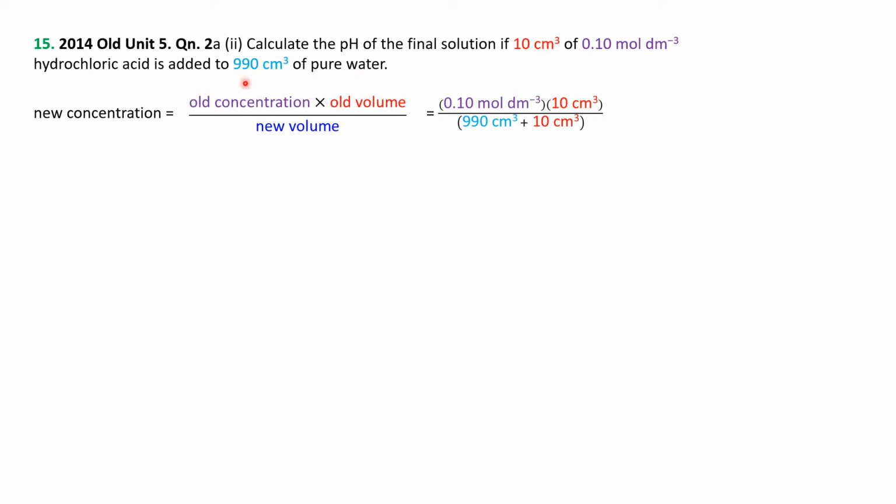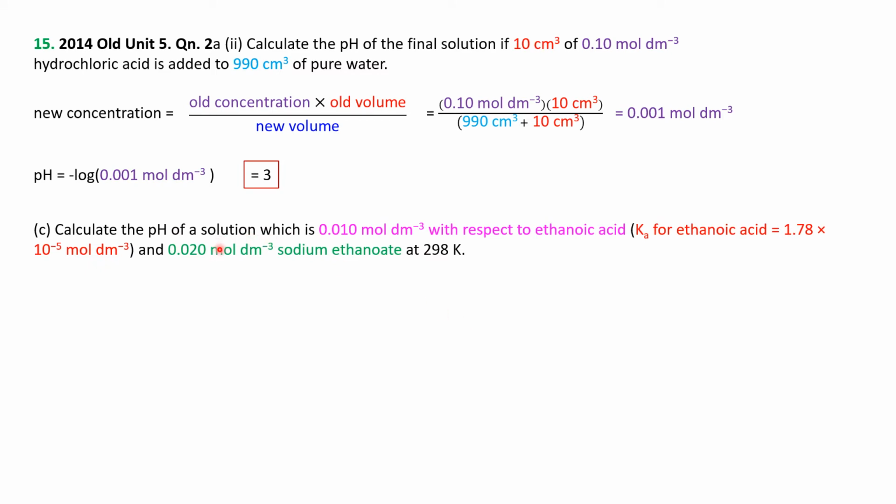New concentration, they're assuming that you can just add the volumes. Volumes are not necessarily additive, so to expect you to do this is rather naughty, but we'll do it. 990 plus 10 is of course 1000, and so we find our new concentration 0.001 moles per cubic decimeter. pH, therefore, is minus log of that, which is 3.